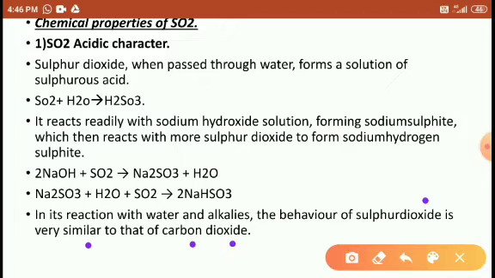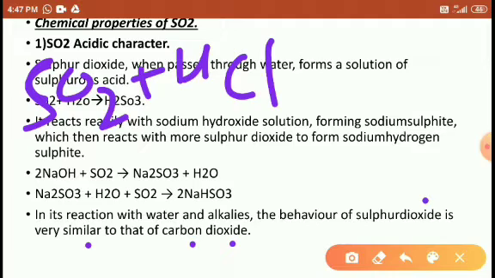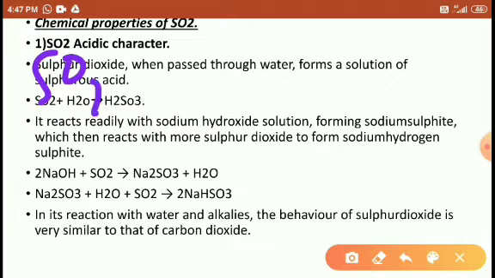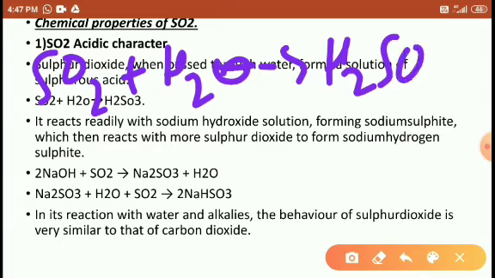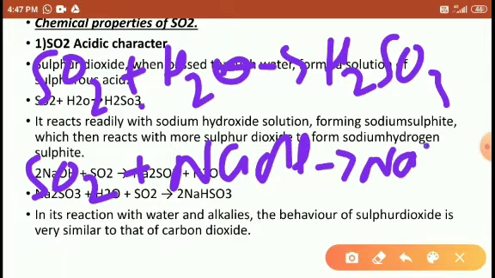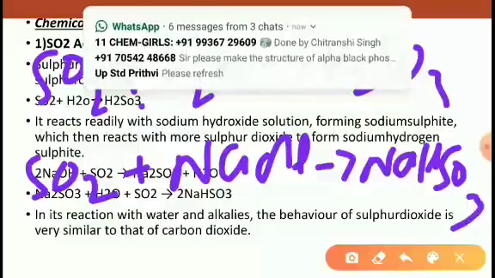Similarly, SO2 with water forms H2SO3, sulfurous acid, as we have already seen here, and SO2 reacts with NaOH to form NaHSO3.